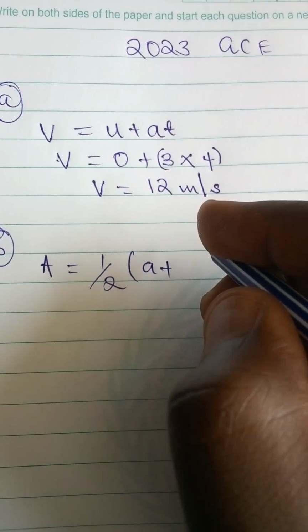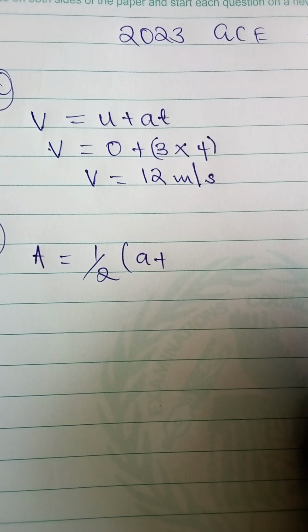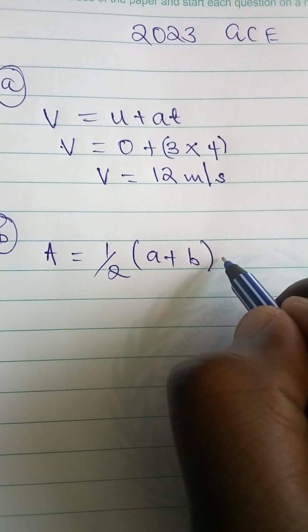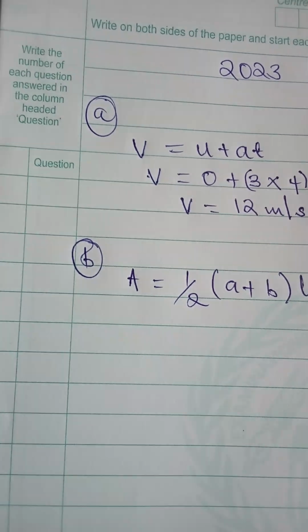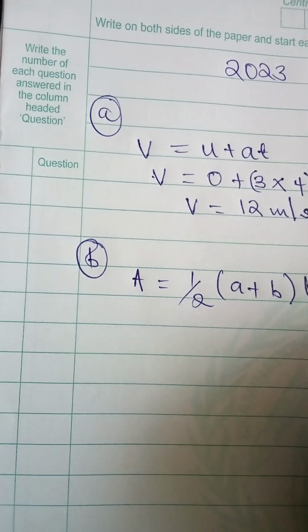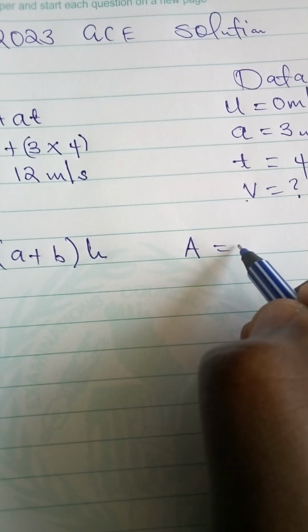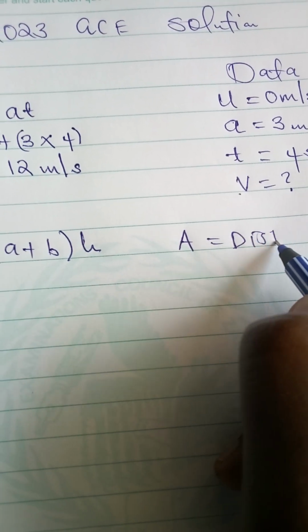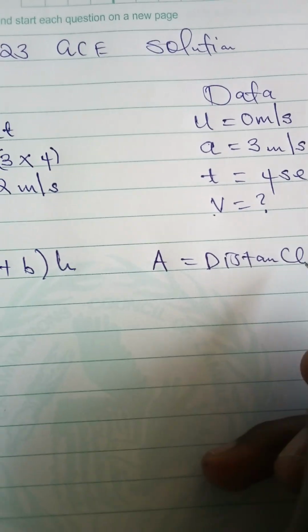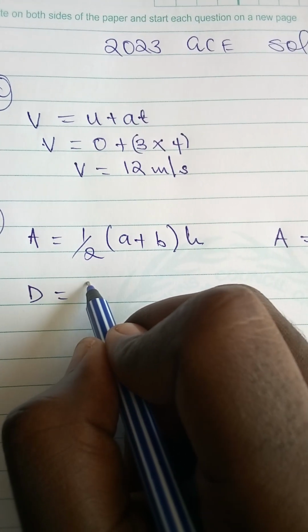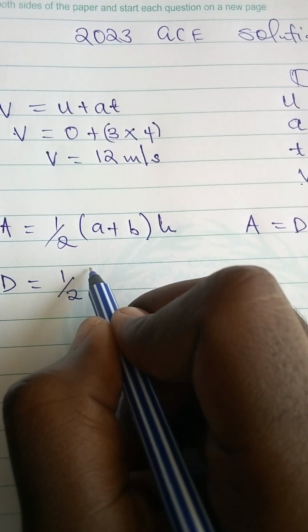So the formula for trapezium is equal to 1 over 2 open brackets a plus b times h. So area is the same as what? Distance. So from there you're going to write d is equal to 1 over 2.